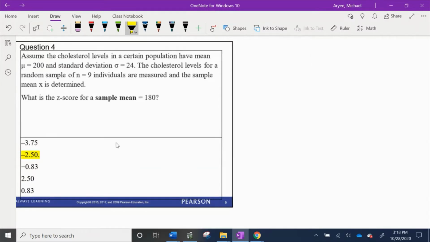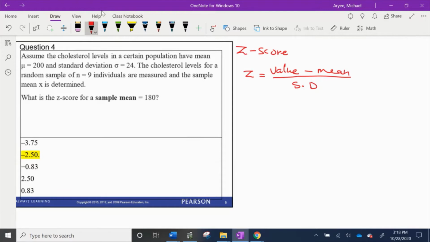This is a very interesting question because it asks you for a z-score. Now we know z-score is a value minus the mean divided by the standard deviation.